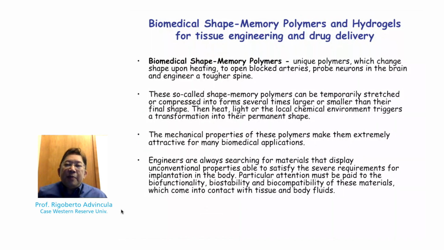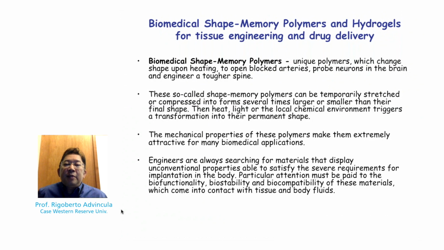So shape memory has to do with what we can observe with the stimuli response that results in a mechanical or thermomechanical change in the shape, the size, upon the application, let's say, of heat.